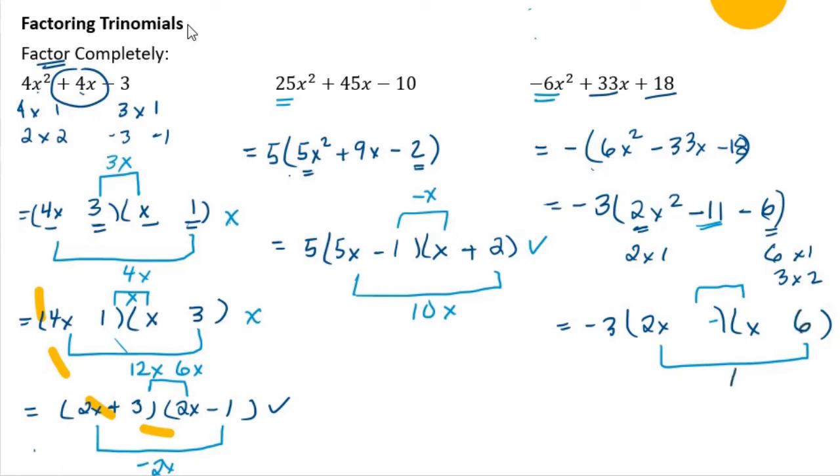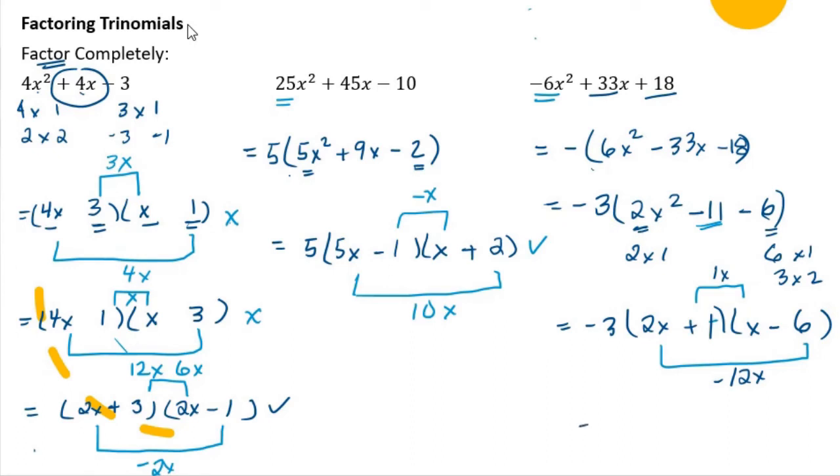That would get me to 12x. And that means I'd have to put a 1 here. 1 times x is 1x. 1 and 12, if I make one of those negative, that'll absolutely give me the negative 11x. So I want the 12 to be the negative 1. I have a positive 2x, so it's the 6 that I'll make negative, and the 1 will be positive.